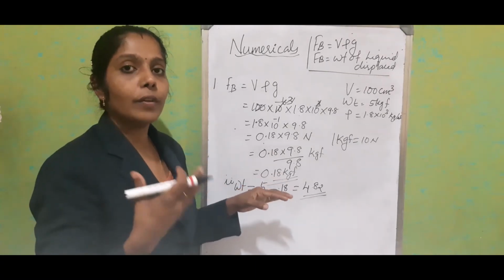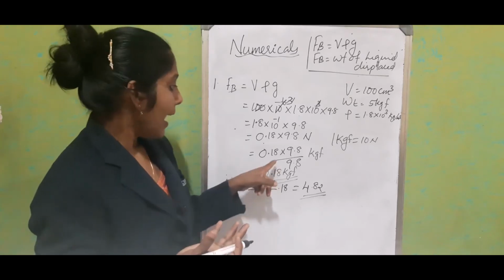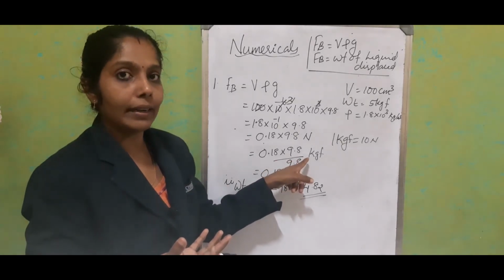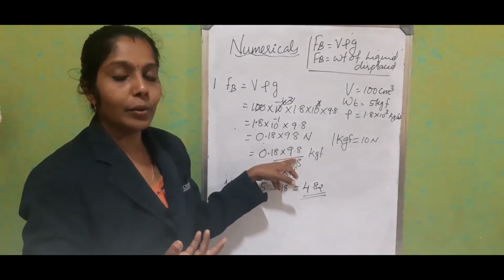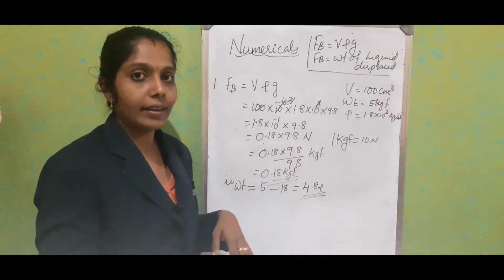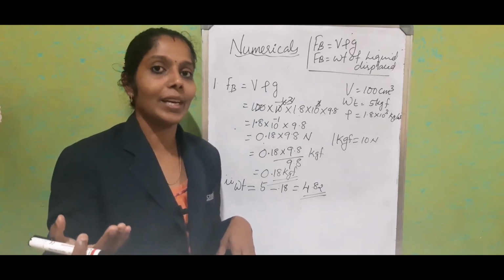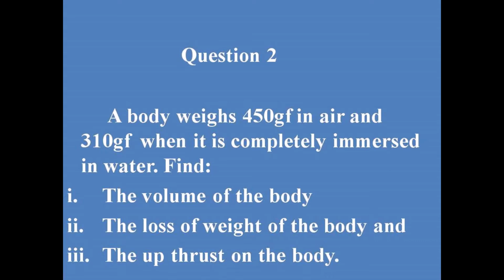Most of the things we are going to find in terms of kilogram force, and this is the way we are going to calculate it. If it is Newton, we will simply divide by 10 and write it in terms of kilogram force. Okay, let's move to the second question.